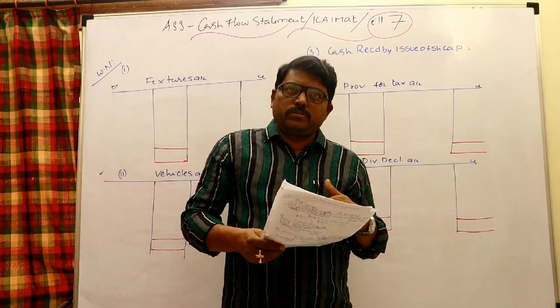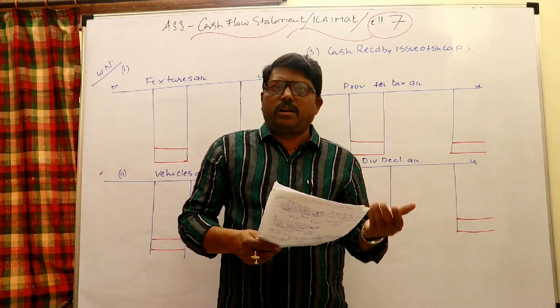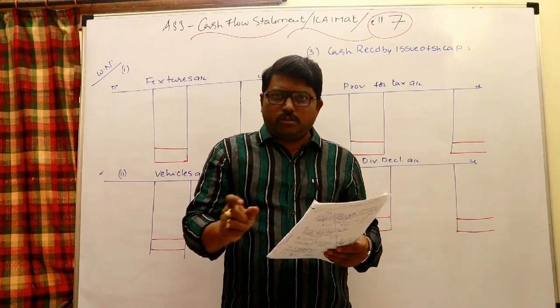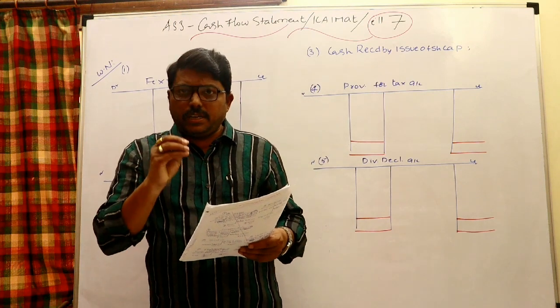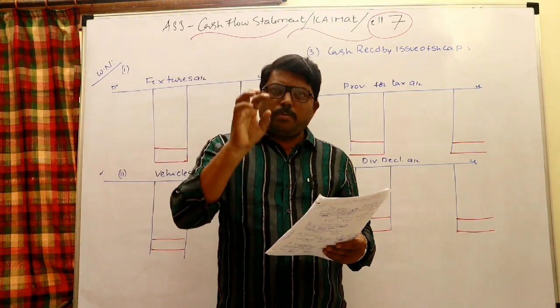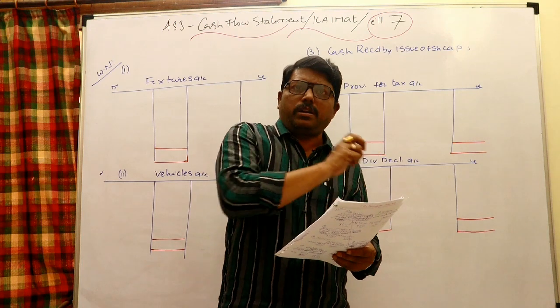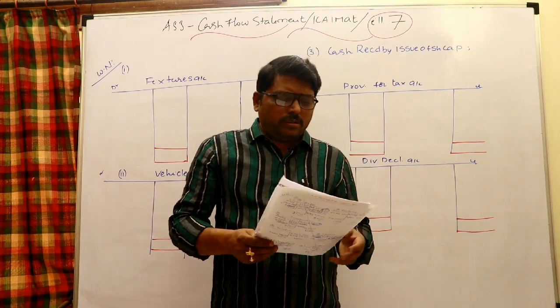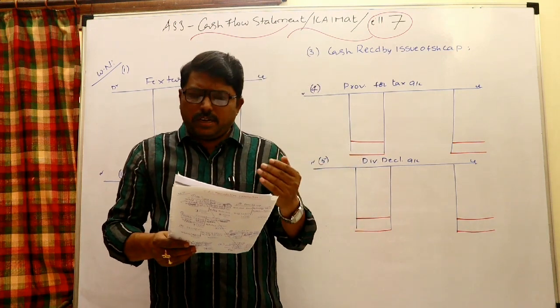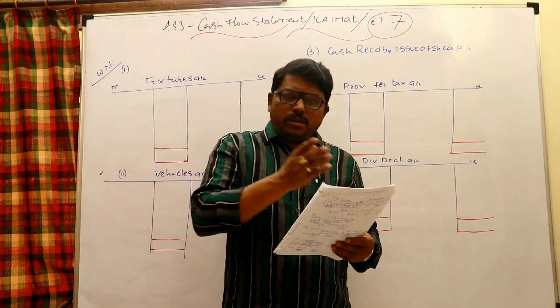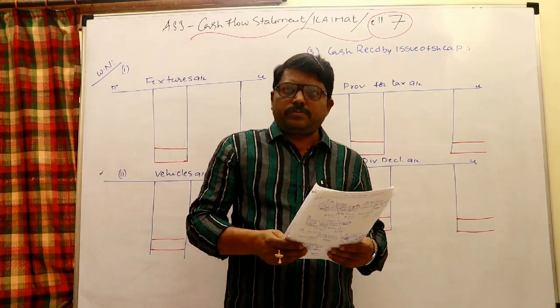But right now proposed dividend will not be part of the financial statement; it will be a disclosure only. Whenever it is declared, you show it in the P&L appropriation, and it will be part of current liability. Therefore, for dividend payable, the opening and closing current liability is very clear.